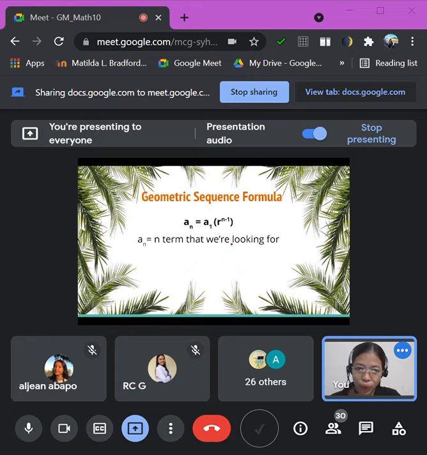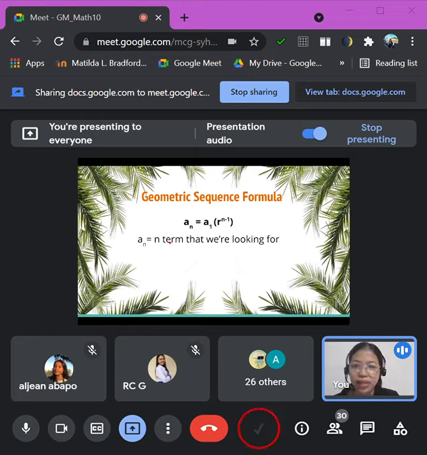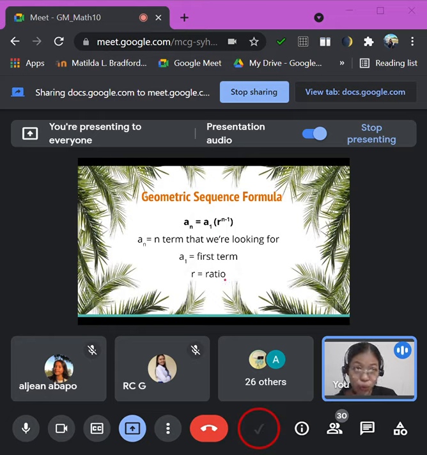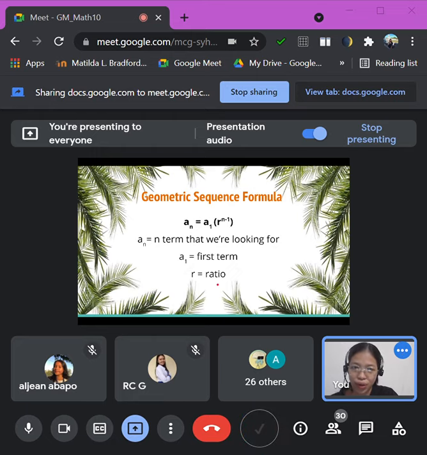Now, we have there our a sub n, that is the n-th term that we are looking for. For example, nangita ta sa 10th term, so imo na siya i-substitute imong n og 10. And then we have our a sub 1, that is our first term, and our r is the common ratio.